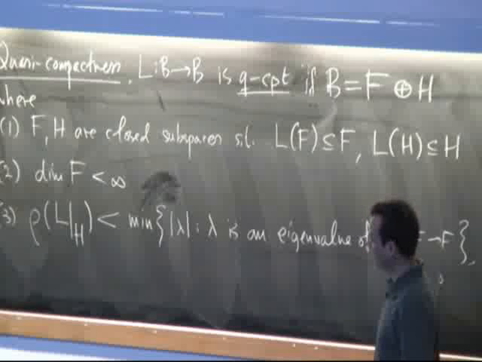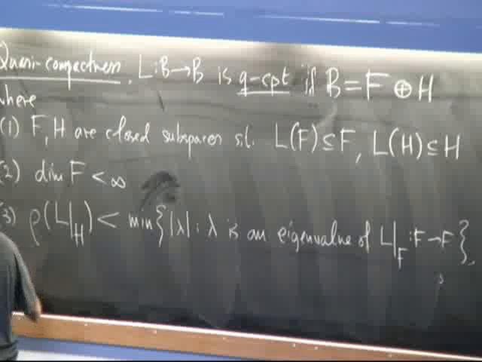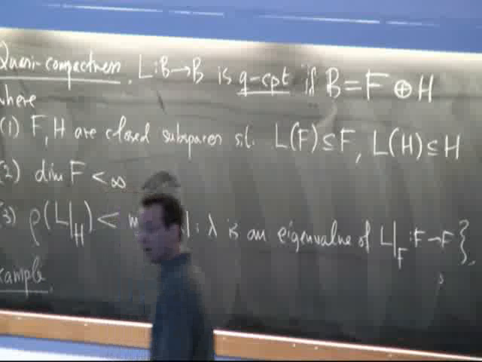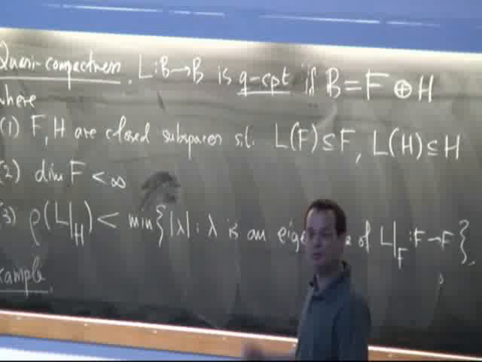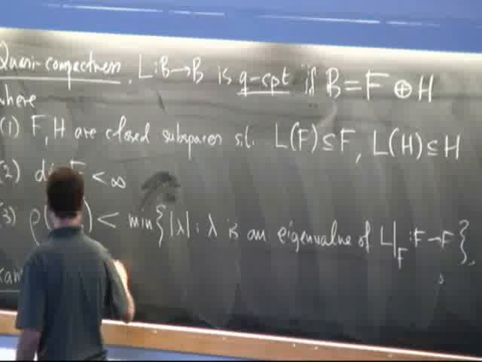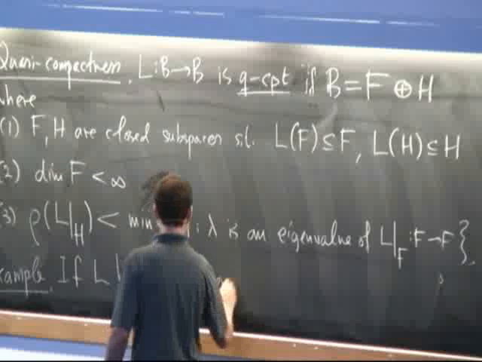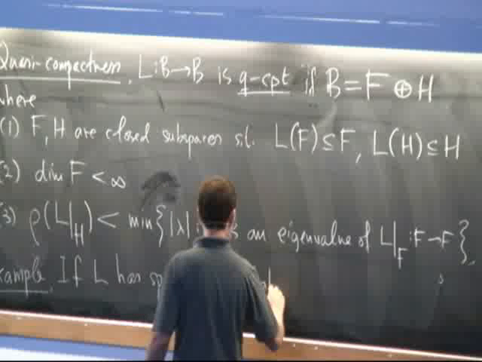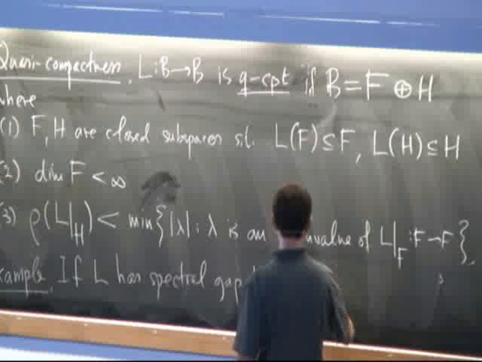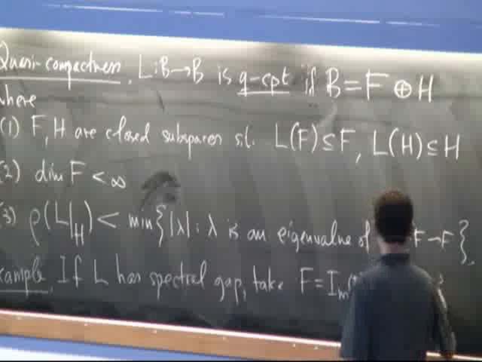Now, example. Well, we'll see a real example later, but for the time being, if you have spectral gap, you always have a decomposition like this. If L has spectral gap, then what you need to take is F as the image of P and H as the kernel of P. And this will be the decomposition.